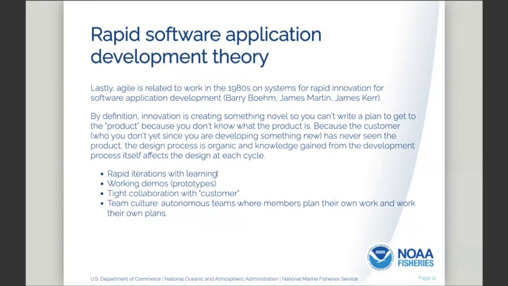So you are learning, and you have to keep exposing the customer and getting feedback, so that the customer can be organically responding to your product, and you can respond to how they're responding, right? So it's a really interesting idea about how you innovate in highly uncertain situations.